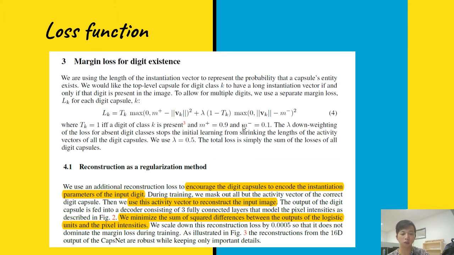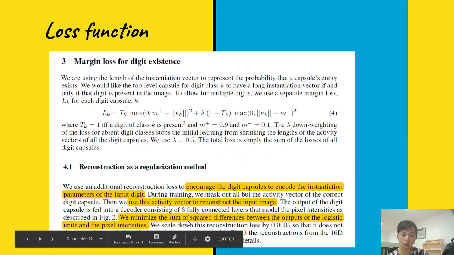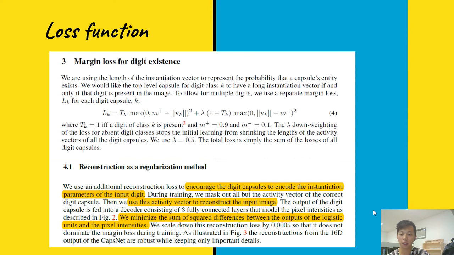Otherwise, it should be shorter than 0.1. And here lambda is equal to 0.5. The second part of the loss is the reconstruction. It's the sum of squared differences, the Euclidean distance between the two images. They multiply this loss by 0.0005 so that it does not dominate the margin loss during training.